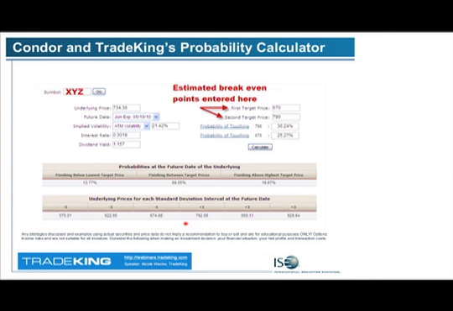Because if you say, well, you can make 20 bucks, but if I lose, I could lose 100, at face value that doesn't sound so great. But if I tell you there's a really high chance I'm going to make the 20 bucks and a low chance I'm going to lose 100, now things are different. And that's what the probability calculator is all about.